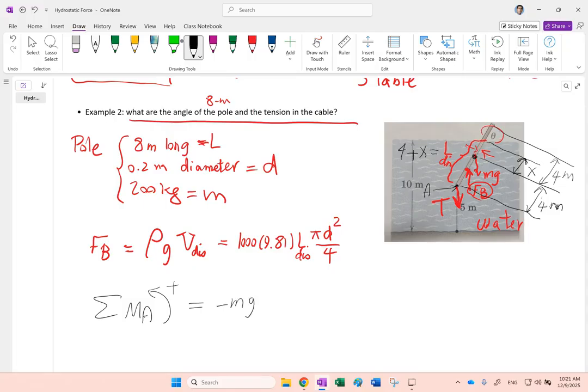And what is your moment arm? That's this distance here for mg. Now the radial part of it is 4, and this angle here is theta. So if you look at it, it's a triangle where this angle is theta and this distance is 4. So the one we are interested in is 4 times cosine theta.